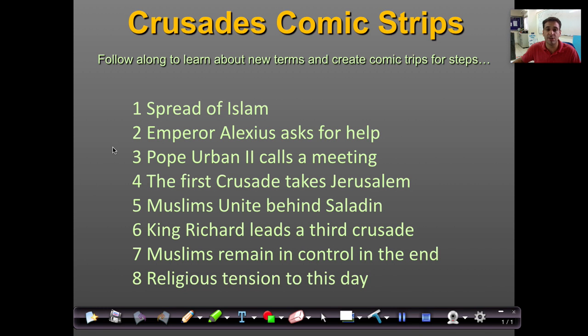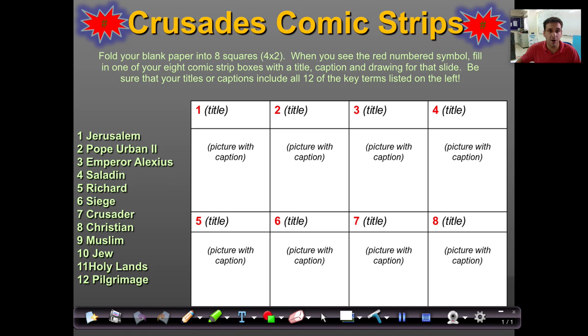These are all of the events that we will talk about today, and you will include in a comic strip. With your blank piece of paper, I want you to fold it into 8 squares and put these little numbers on it. You're going to leave a blank spot for the title, and you are going to draw a picture and have a caption for every one of our slides.